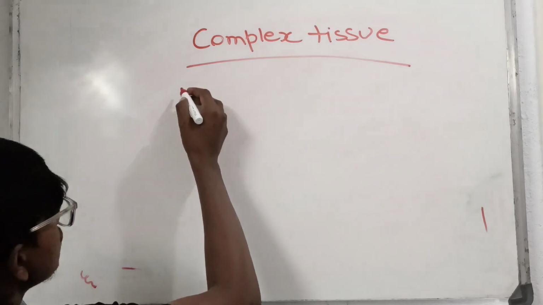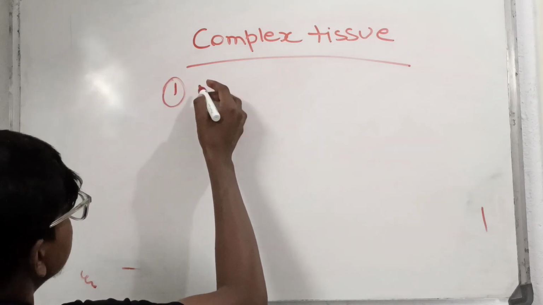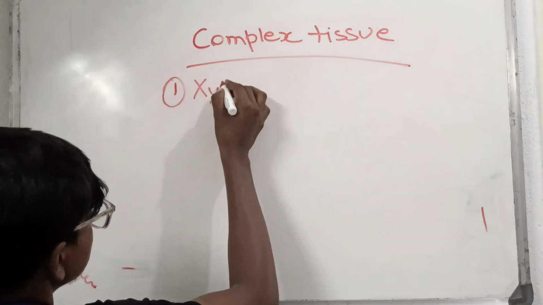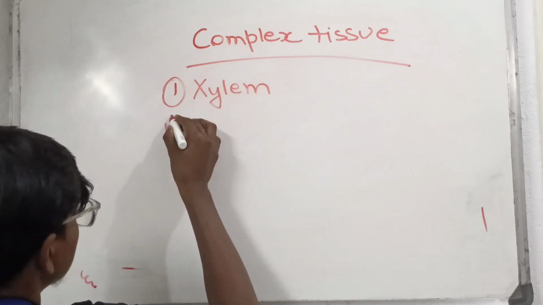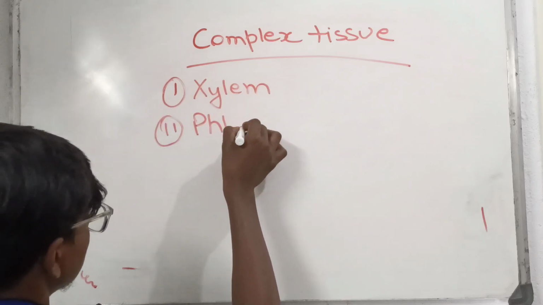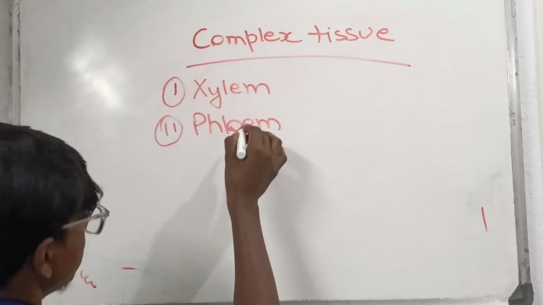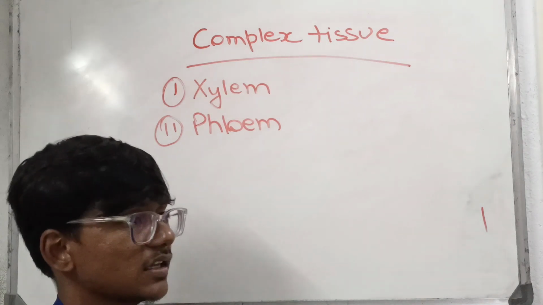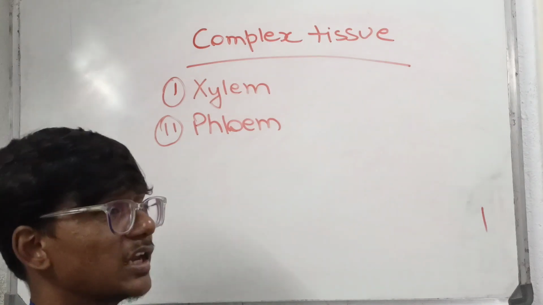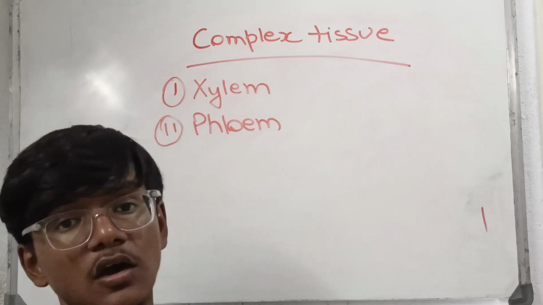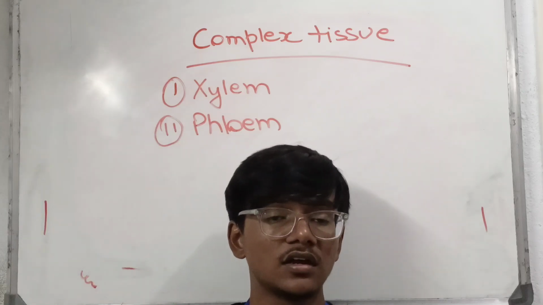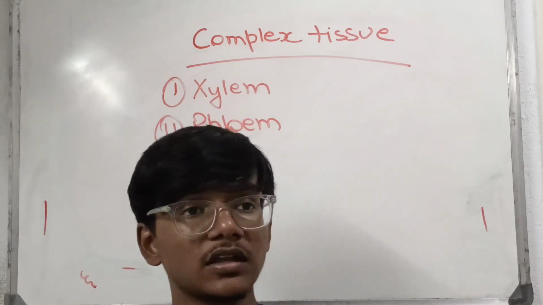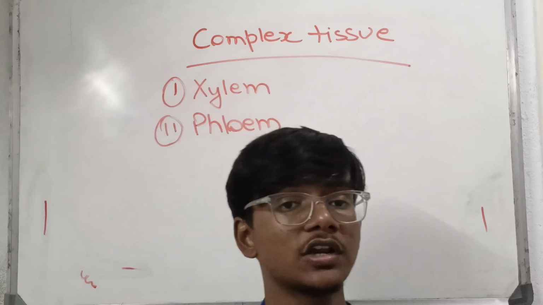This complex tissue is of two types, xylem and phloem. Let's see the characteristics of xylem. Xylem helps in the transportation of water and minerals. From where will the plant get the water and minerals?